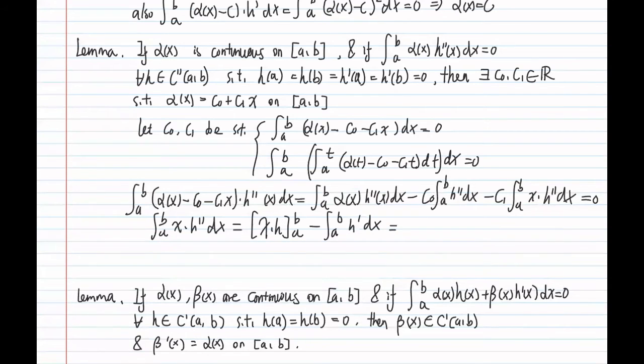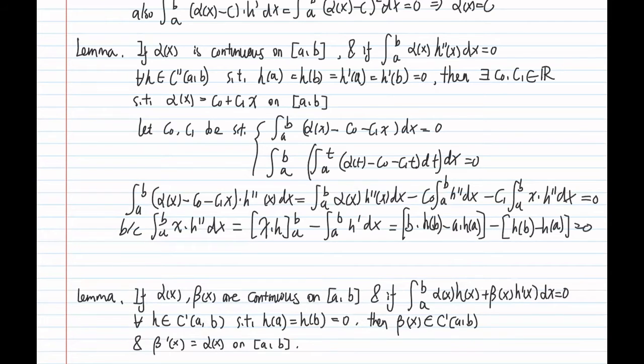And that would equal to b times h b minus a times h a, and that's 0, and this part is obviously also 0, right? Because that's minus h b minus h a. Okay, so that's 0.